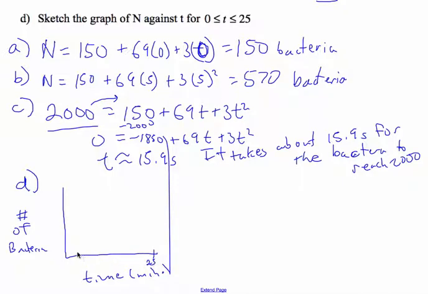I'll go up in 5s. 5, 10, 15, 20, 25, and it goes up to, I said 3,600, so something like that. 1,000, 2,000, 3,000. You can be a lot neater with graph paper, and it looks like it goes up something like that.